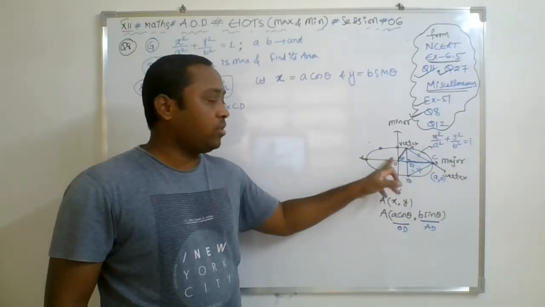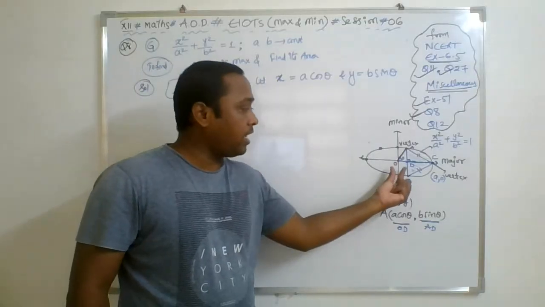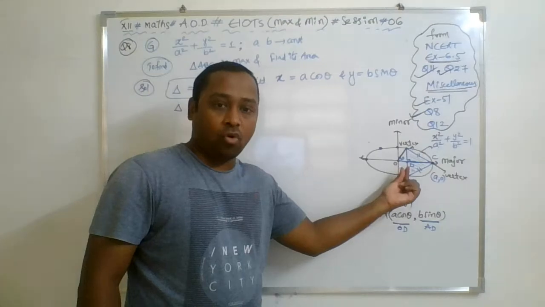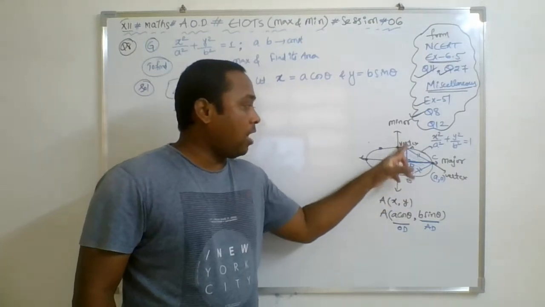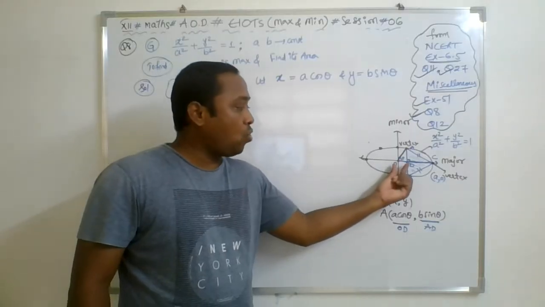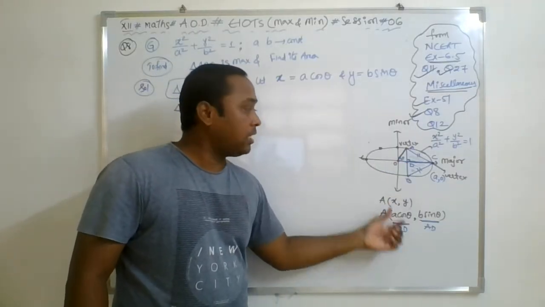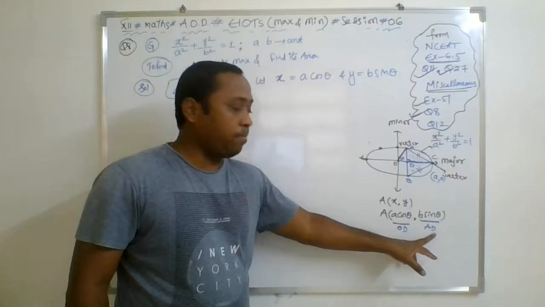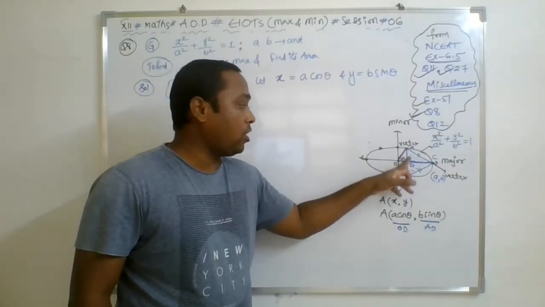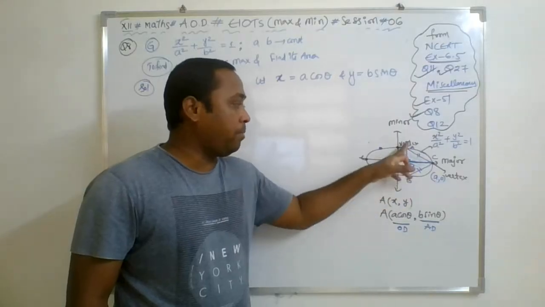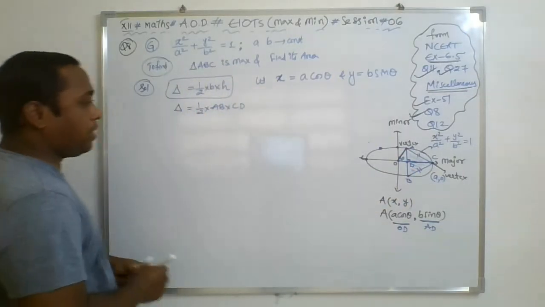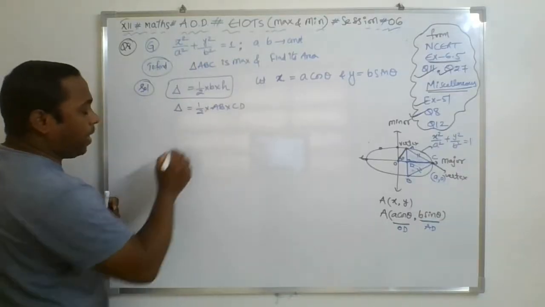So with the help of this right angle triangle, I can say OD, the base part, represents the cos theta component and the height part represents the sin theta component. Hence OD is a cos theta and AD is b sin theta. If AD is b sin theta, then the total base of the triangle will be twice b sin theta. So that is what I am writing now.